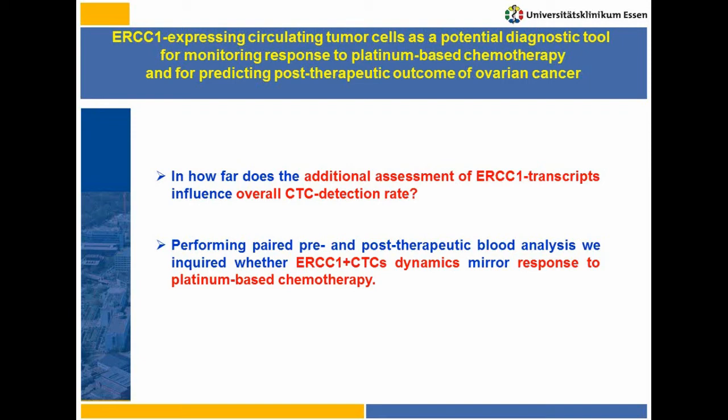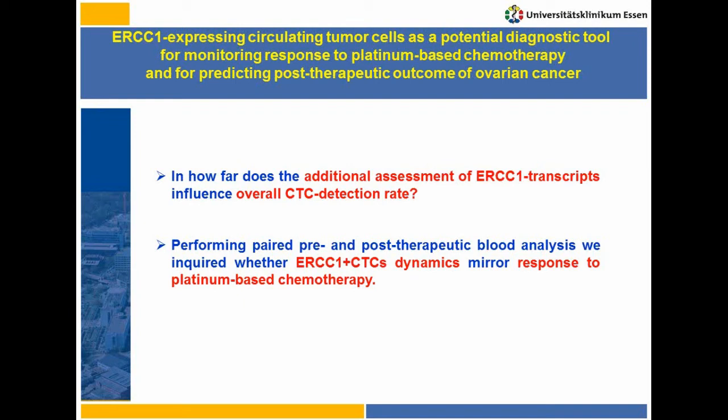And so, to present quite clear data, we said, well, we only say positive if they are double positive. So positive in the ADNA test and in addition positive for ERCC1. But of course, you have different cell clones in the population. It might be the case that cells lose a character and become only resistant. So this was the first question.